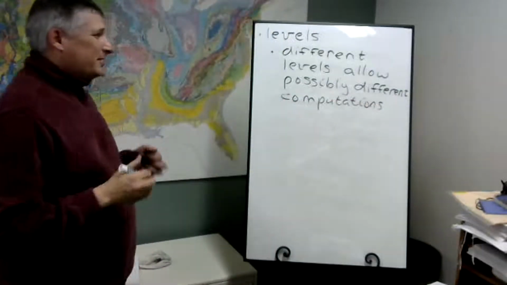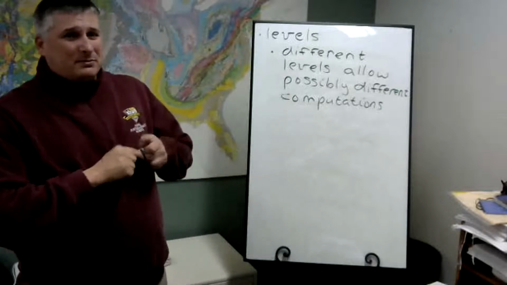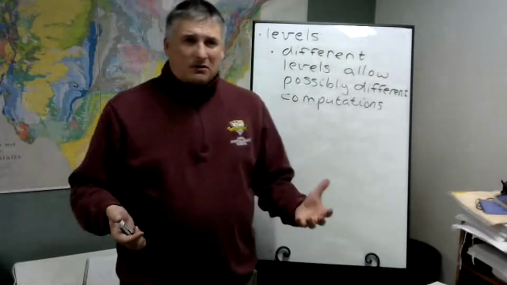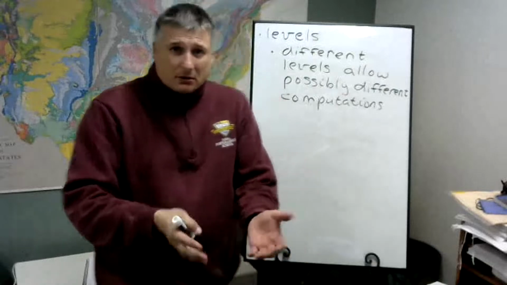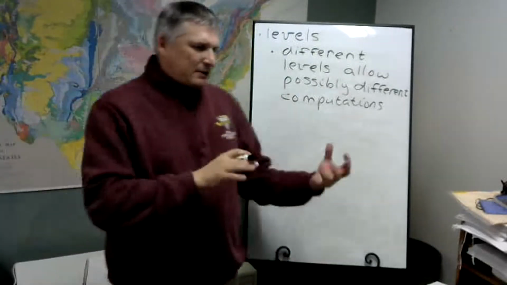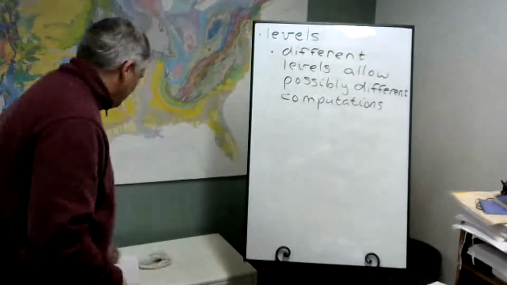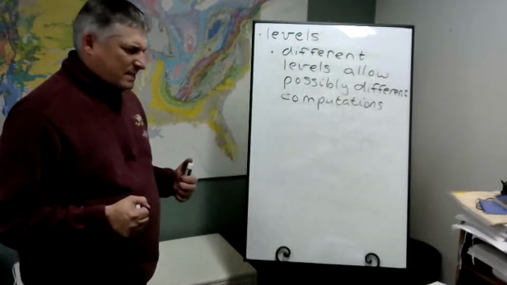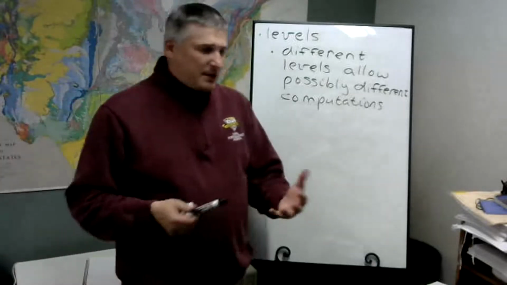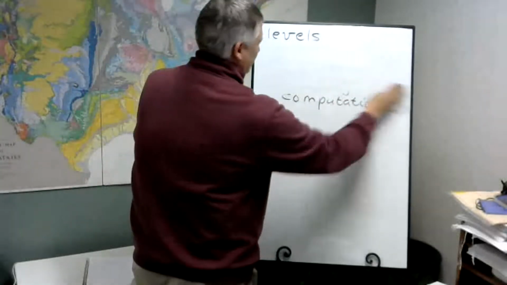So different levels allow possibly different computations. Actually, one level we're going to look at, categorical, isn't going to allow any computations at all. And we've already seen categorical. But we're going to take categorical and quantitative, and it's going to get a little more detail. So levels, it's sort of an interesting phrase, but bear with me. Let me show you how this breaks down.